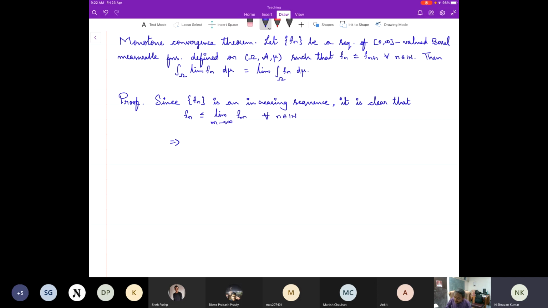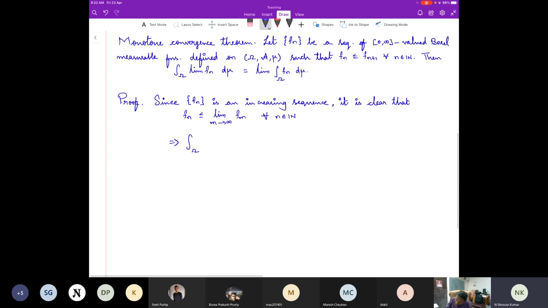So I have a function which is bigger than F_n for all n. That implies that, by monotonicity, the integral over Omega of F_n d mu is less than or equal to the integral over Omega of the limit as m tends to infinity of F_m.